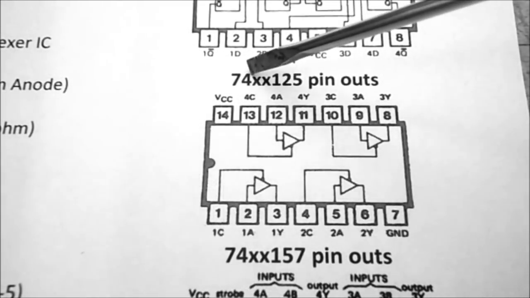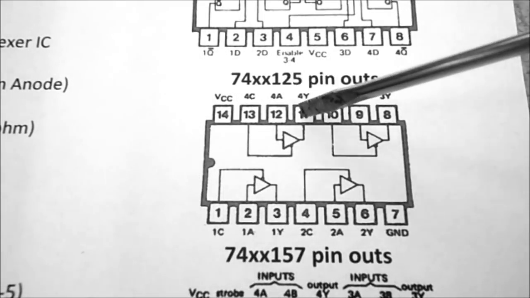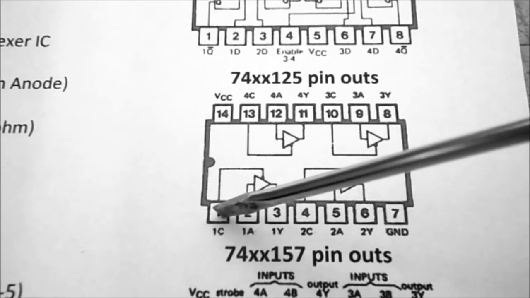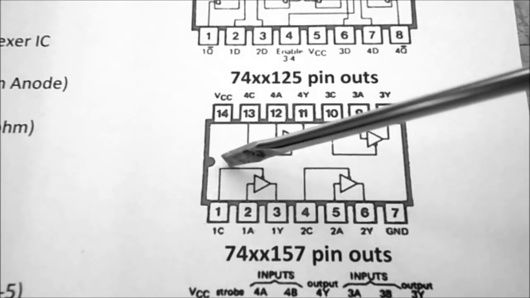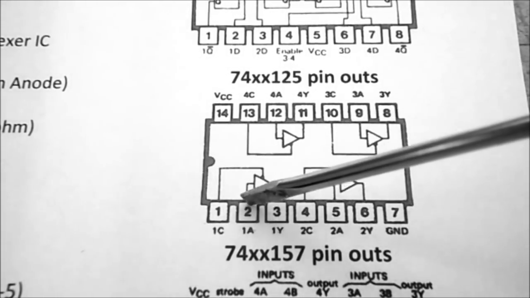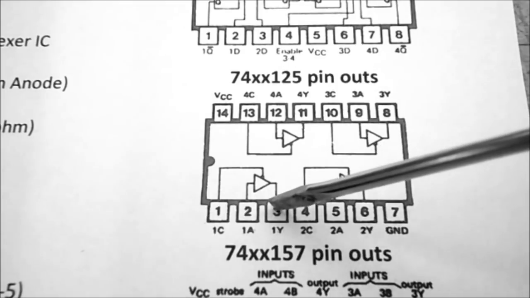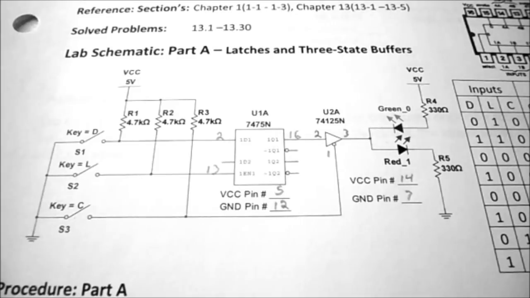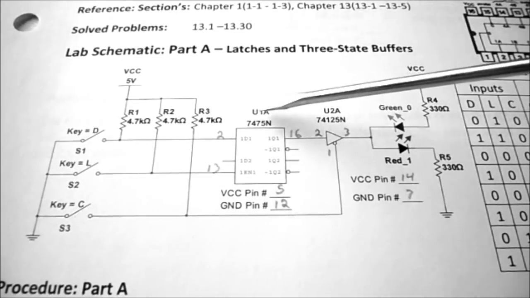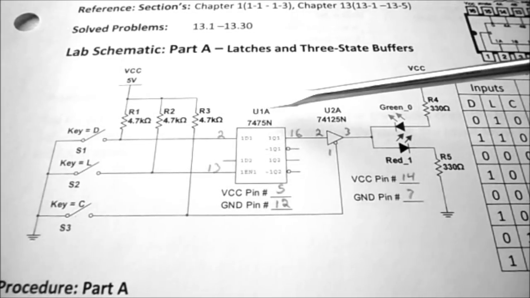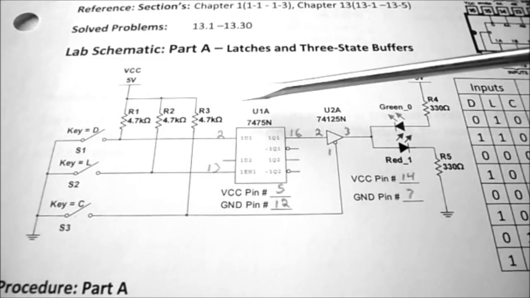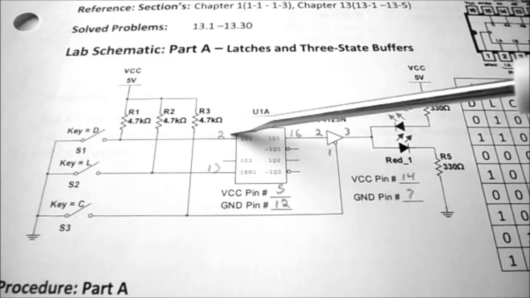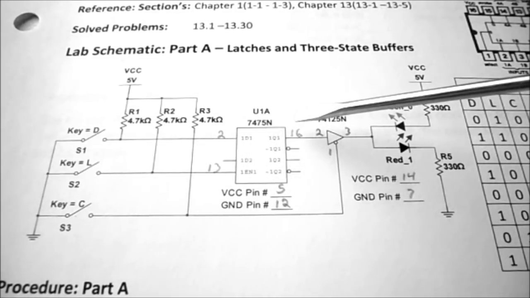When you look at the pinout for the 74125, normally we think of the input as being on 1, but the control line is on pin 1. The input is on pin 2 and the output is on pin 3. So filling in my pin numbers for the 7475, the D input is actually on pin 2. The Q output is on pin 16.